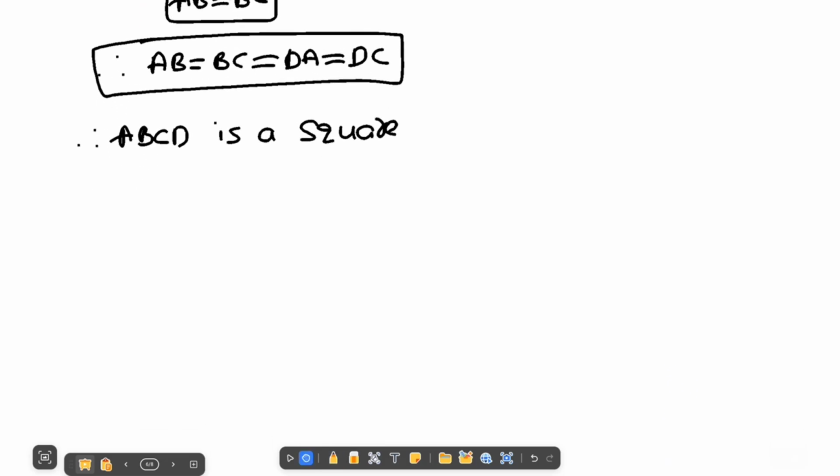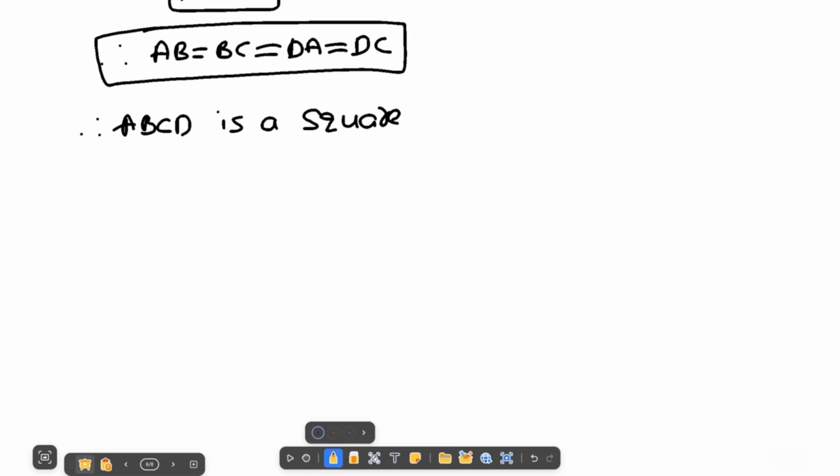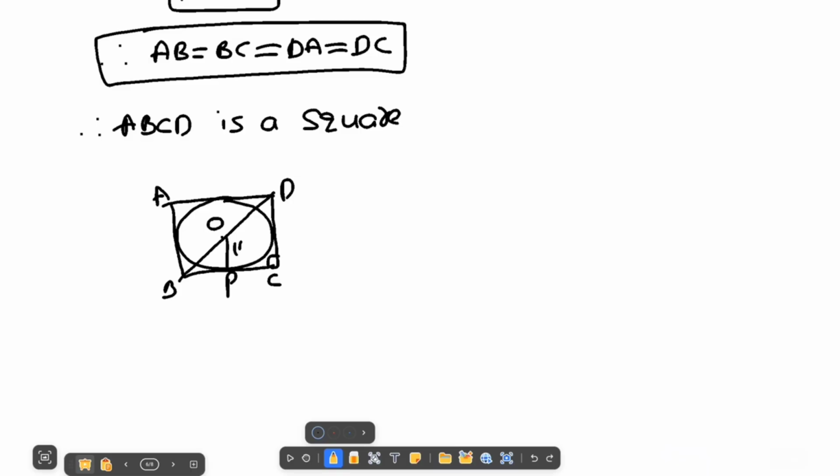So let's redraw the figure here. A, B, C, D. Now join B and D. Here O is the center of the circle. Let us think this is P. So OP is 10.